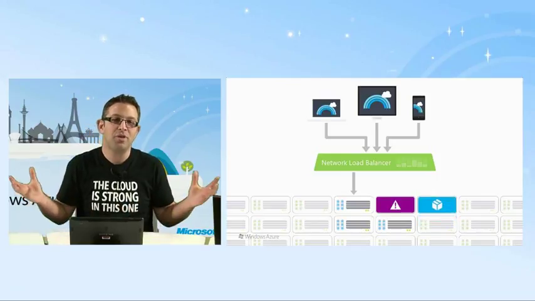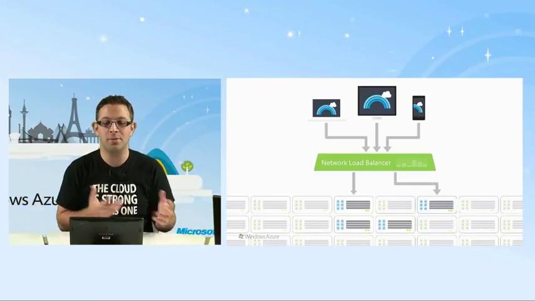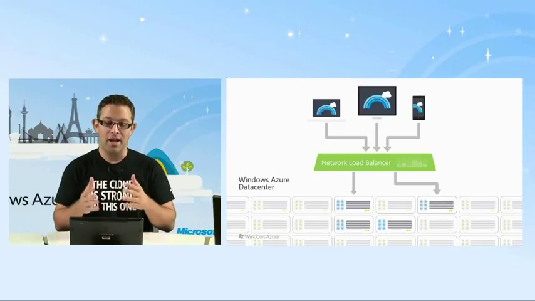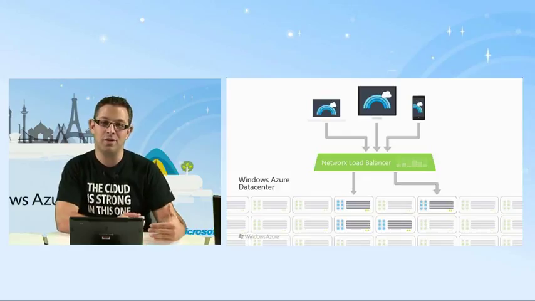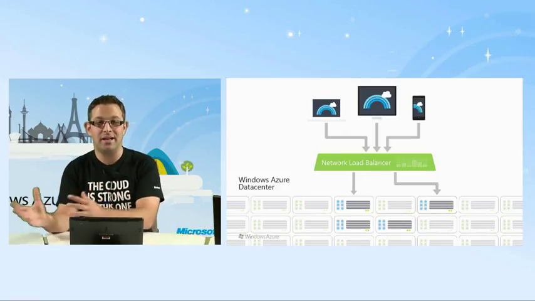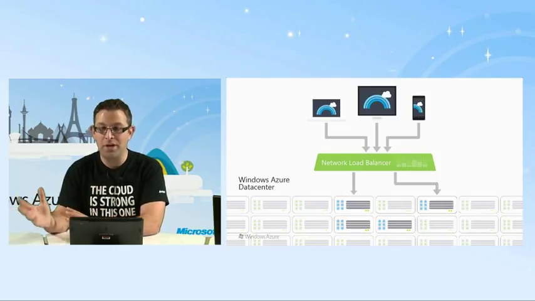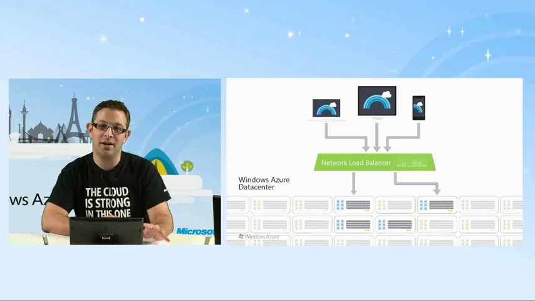Ultimately, everything in the technology world will at some point have some sort of downtime or failure. But in a cloud services world, because Windows Azure knows exactly what your application needs from an infrastructure perspective, it can take care of bringing up another machine for you, getting your code on there, and putting it back into the network load balancer.